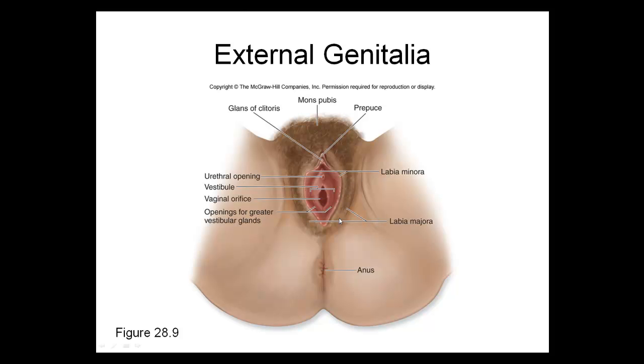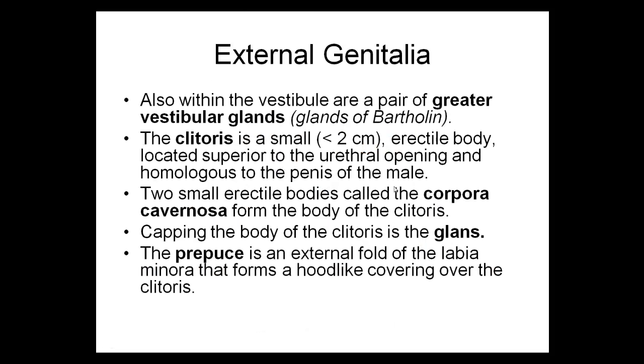And then we have the Bartholin gland, or the greater vestibular gland, that will be here, and then it will open towards the vulva, and that will help in lubricating the vulva during and before intercourse.